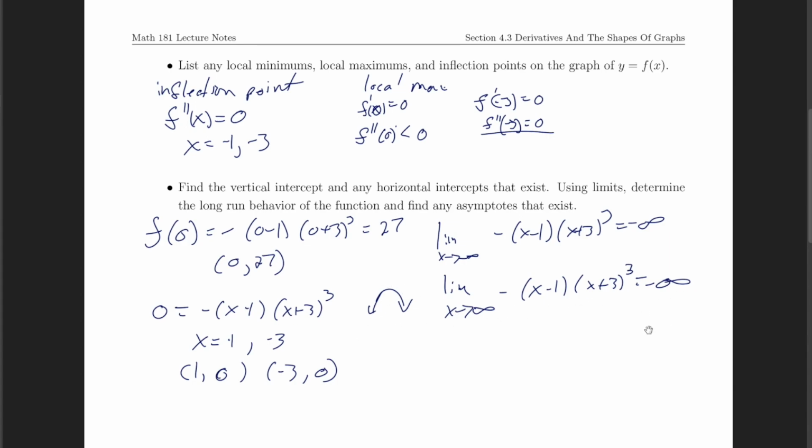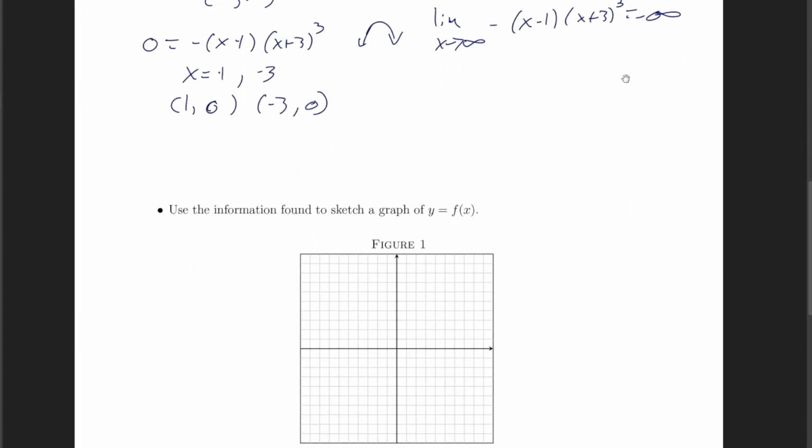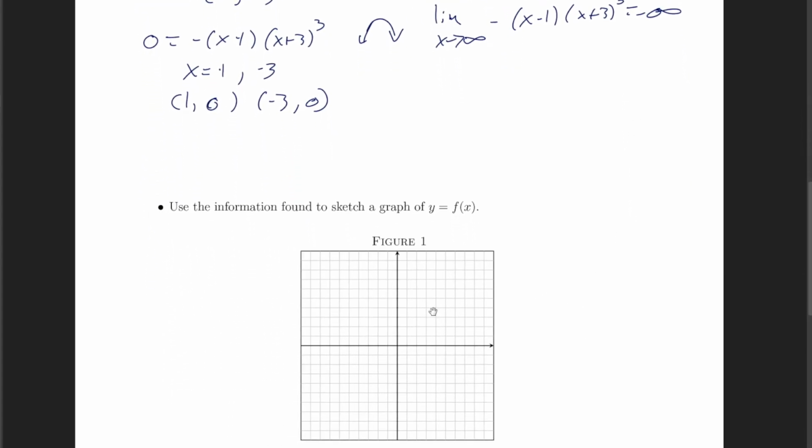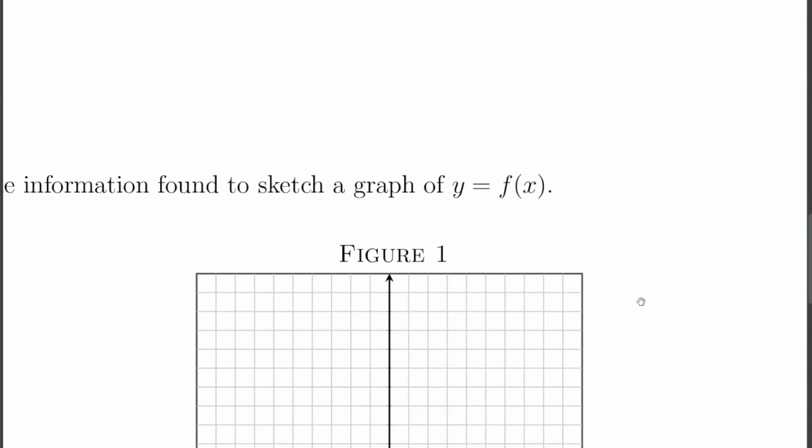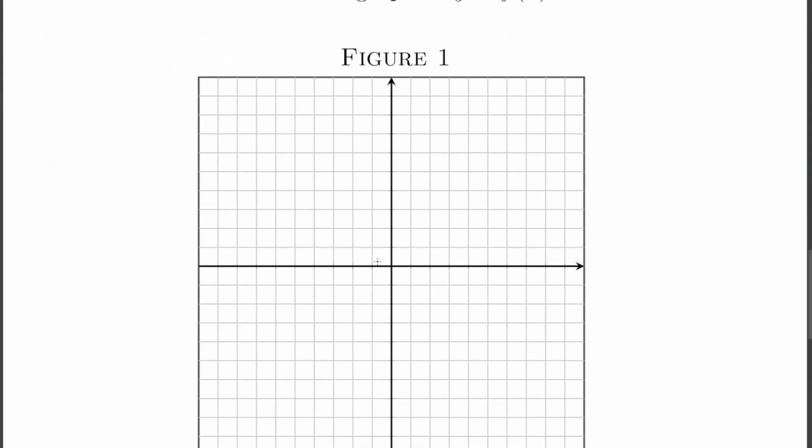Now with all this, we can sketch the thing as best we can. Let's zoom in so I have a little bit more room to work. We know we have a 0 at 1, and we have a 0 at minus 3.